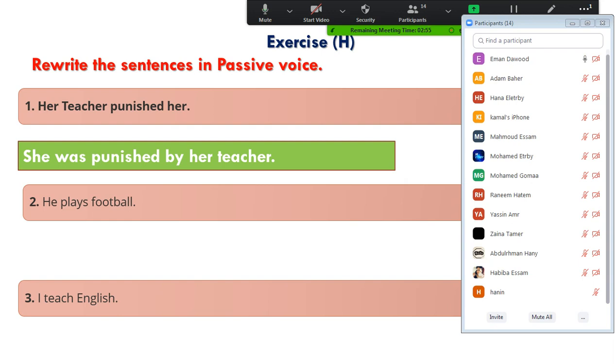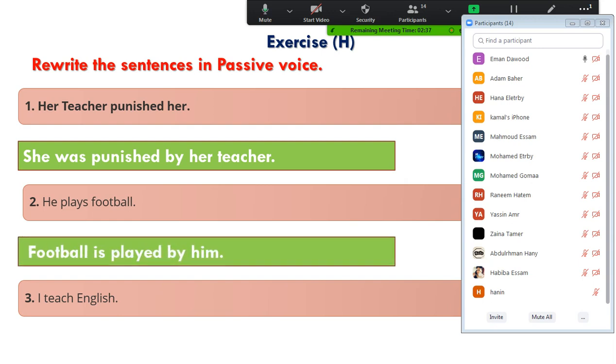He plays football. The football is played by him. Excellent. That's right. The football is played by him. Don't miss putting the verb to be in the same tense, please.